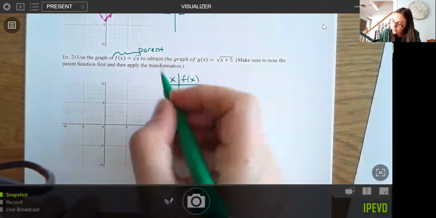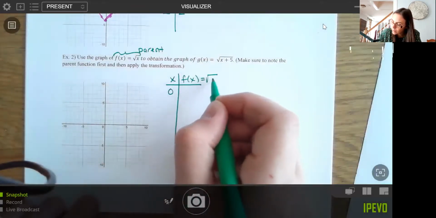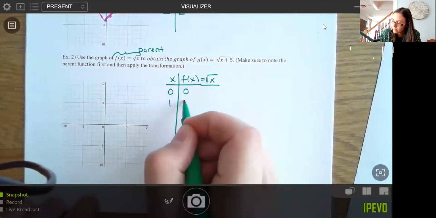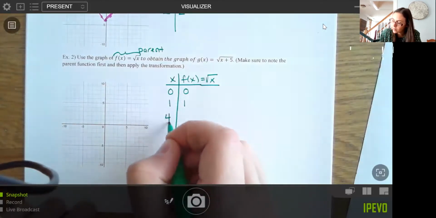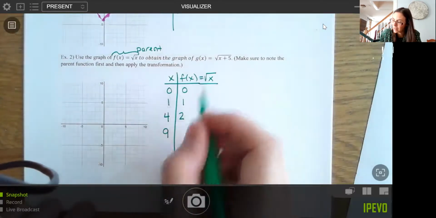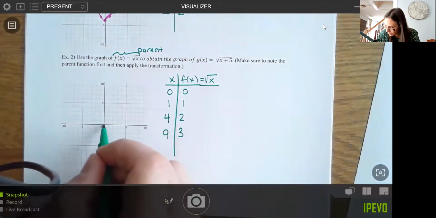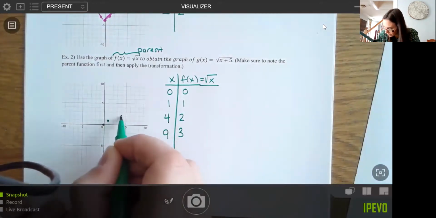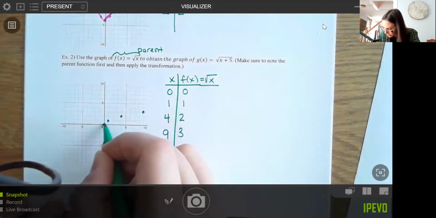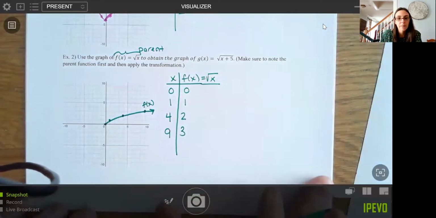So I can start at 0, and the square root of 0 is 0. If I plug in 1, the square root of 1 is 1. Now I'm going to jump up to 4 because the square root of 4 is 2. And then I like to jump up to 9 because the square root of 9 is 3. So I usually like to pick values that are easy for me to work with. And here's my basic curve.